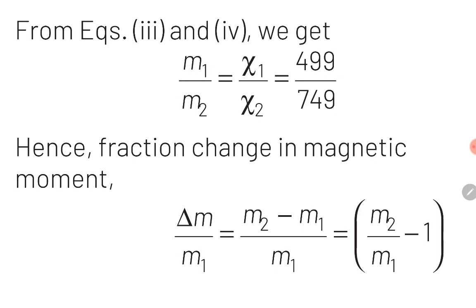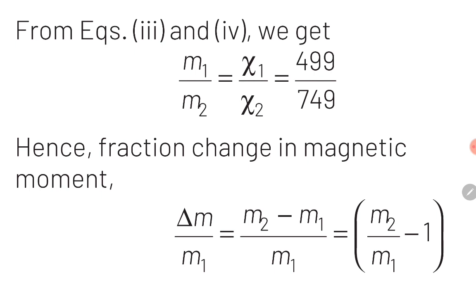To find the value of chi, we will use the formula mu r is equal to 1 plus chi, and therefore chi will be equal to mu r minus 1. So for the first core material, chi will become equal to 500 minus 1, which is equal to 499. And for the second material, chi will become equal to 750 minus 1, which is equal to 749.